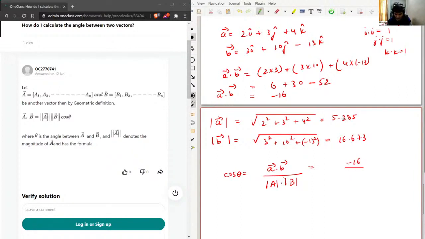And this is 5.385 into 16.673. This will be negative of 16 over 89.7858.